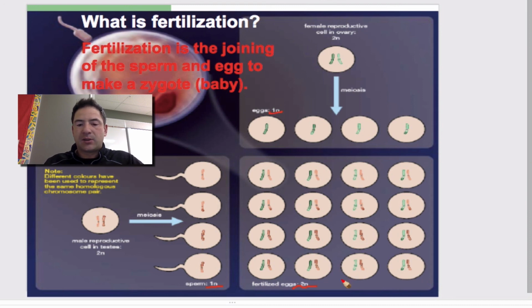These are zygotes in here, okay? And these are sperm, and these are eggs. Haploid, 1N, and these are diploid, and they are 2N. Okay, well, hopefully that makes sense, and we will see you on the next video.